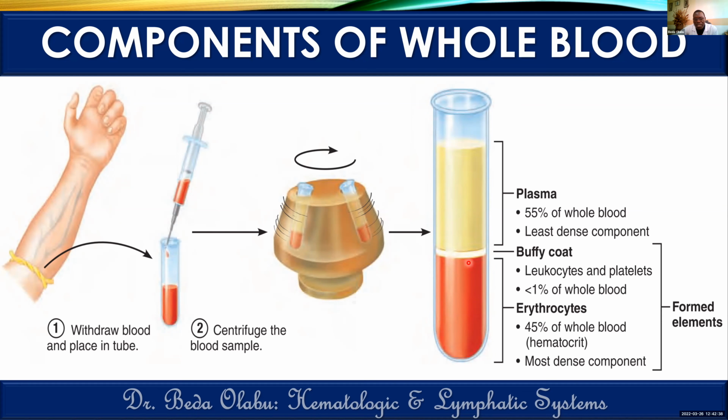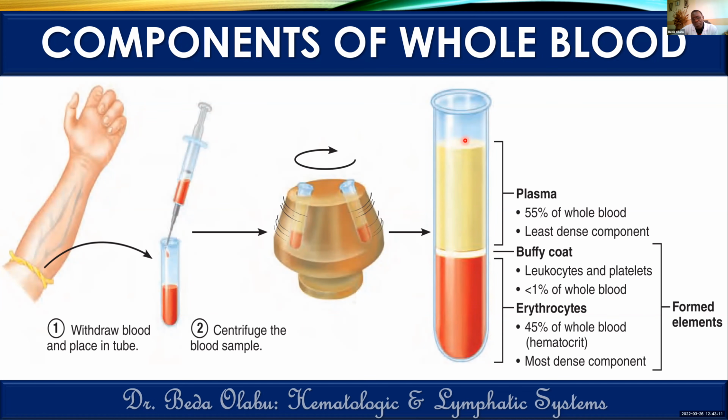This proportion is what we commonly call the hematocrit, or the packed cell volume, PCV. And it's usually about 45% of whole blood. That may vary a bit within some physiological ranges, but generally about 45% of whole blood is occupied by the red blood cells. And so that becomes the most dense part of blood, telling you that the red blood cells are the denser parts of blood.